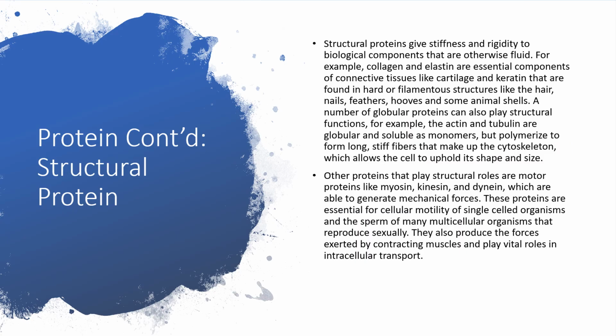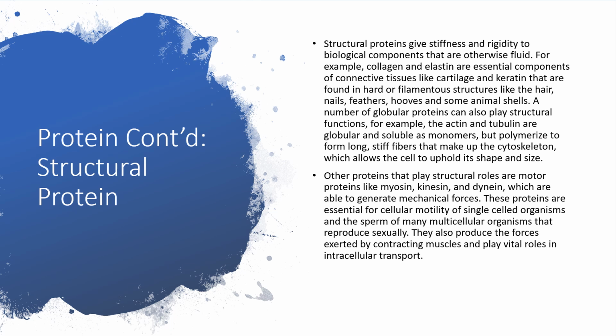Structural proteins give stiffness and rigidity to biological components that are otherwise fluid. For example, collagen and elastin are essential components of connective tissues like cartilage, and keratin is found in hard or filamentous structures like hair, nails, feathers, hooves, and some animal shells.